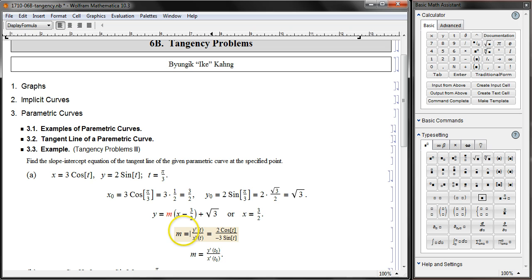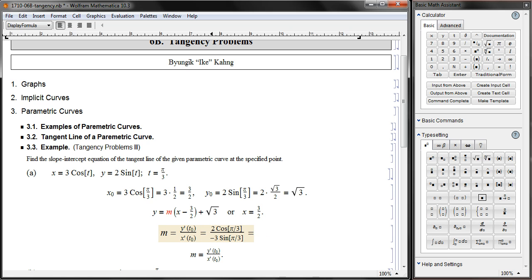So my slope is this quantity evaluated at t0, and t0 in this case is pi over 3. So we have to put in pi over 3 here and pi over 3 there. By the way, let me increase the font a little bit.